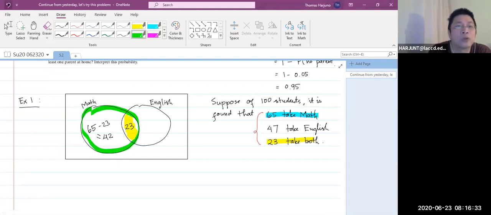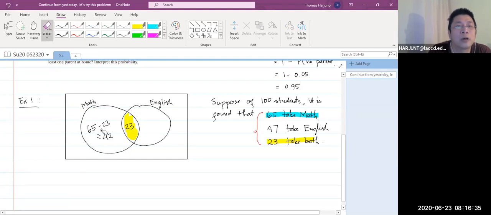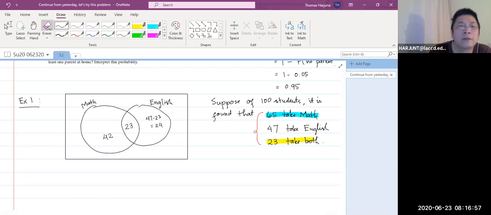Okay. So let's go back. So in math, that will be 42. Then how many people take English only? That would be 47 minus 23. That is 24. Is it okay?